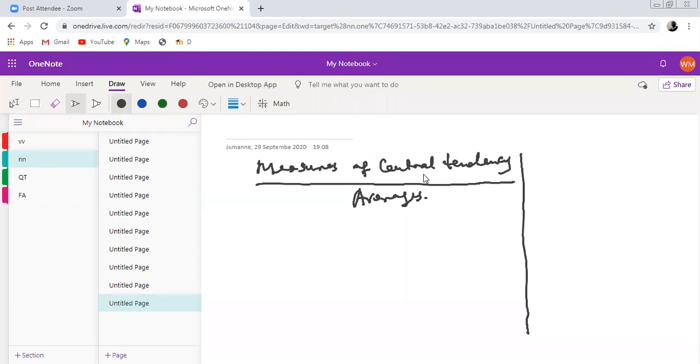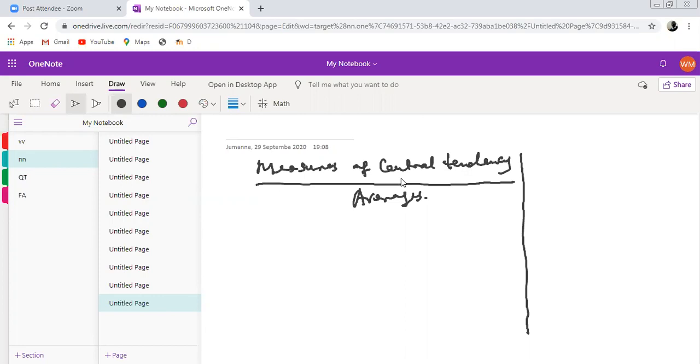And I will say, this is the performance for the entire class. This case whereby we have one value that is representing the entire group is what we call measures of central tendency. Those individual values can be in form of the mean, the median, or the mode.